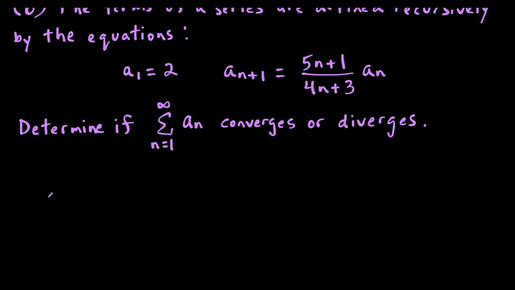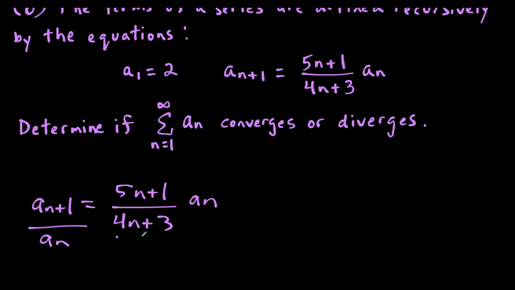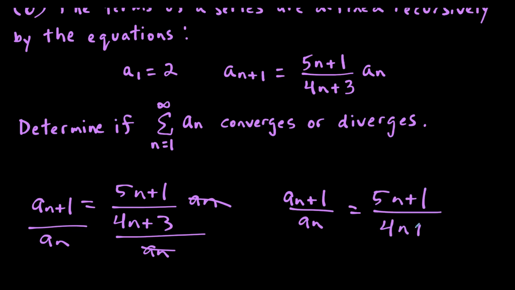So what we could do is, if we have a sub n plus 1 equals 5n plus 1 over 4n plus 3 times a sub n, we could divide both sides by a sub n. And what that tells us here is it gives us a sub n plus 1 over a sub n is equal to 5n plus 1 over 4n plus 3.